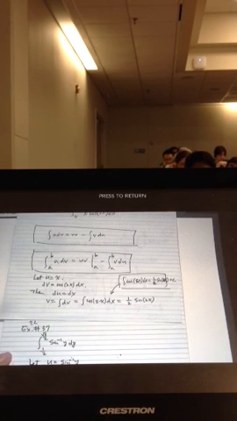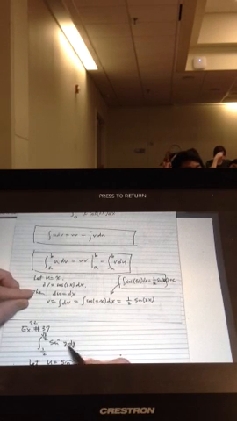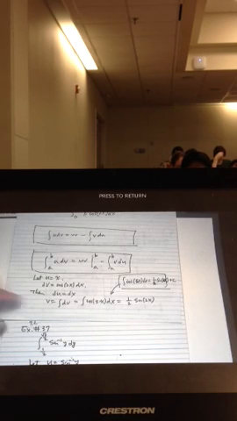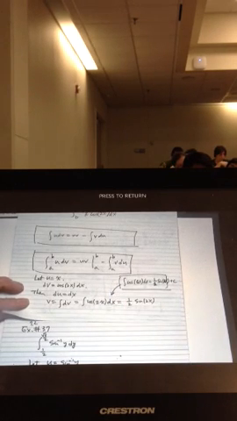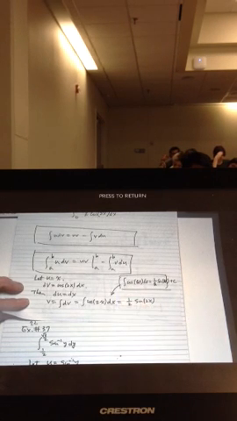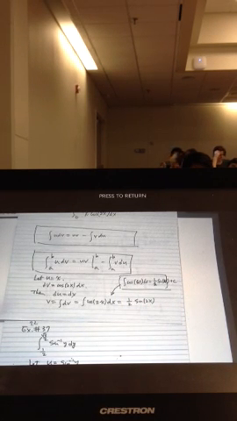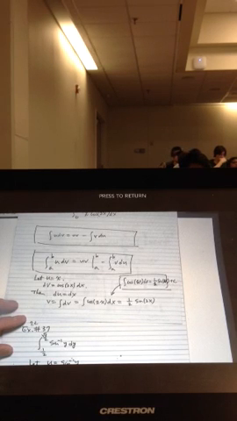Now, if u is this, then what is dv? Well, dv must be the rest, namely dy. Because when I apply the formula, I have this v and the du. So I need to find out what du and what v are. What is du? du would be the derivative of this, right? So it's 1 over square root of 1 minus y squared dy.